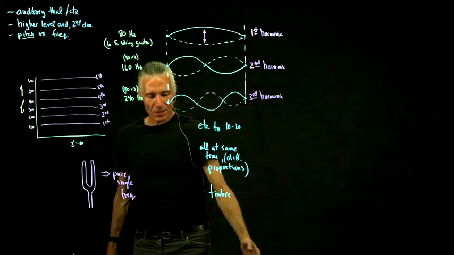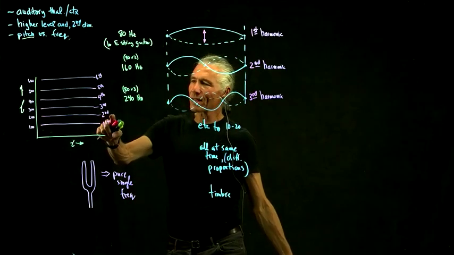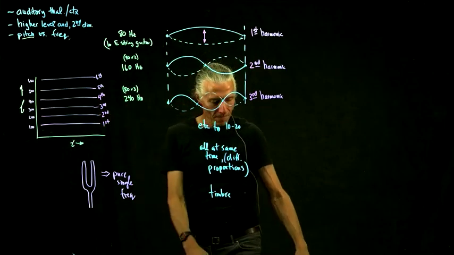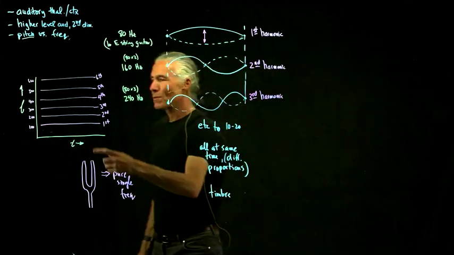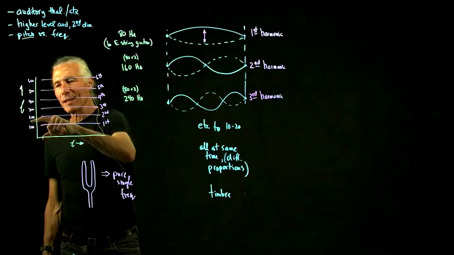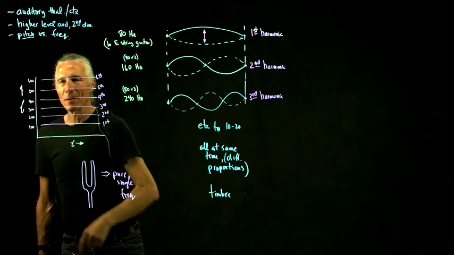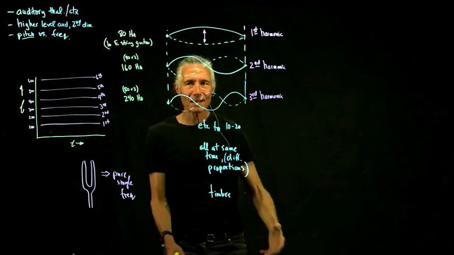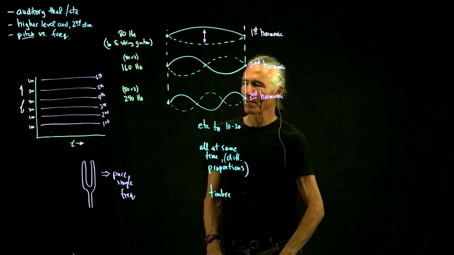So then he just did an experiment. Helmholtz did this. Let's ding the second, third, fourth, fifth, and sixth harmonic, and leave out the first. So if you ding a 200, 300, 400, 500, 600 tuning fork and leave out the 100, it sounds exactly like 100, even though there's no 100 in there at all.